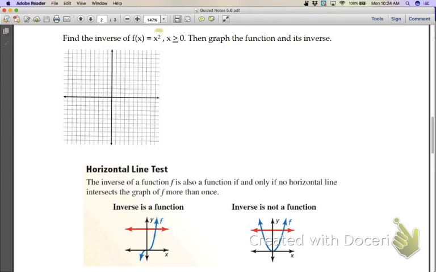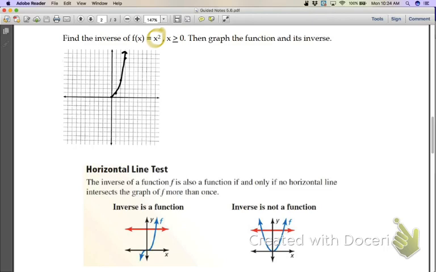If we just stick with x squared, normally we'd have a point here, there, up to 2, 4, up to 3, 9, and all the values. But it wants the values when x is greater than or equal to 0. It doesn't want the left side of my parabola.